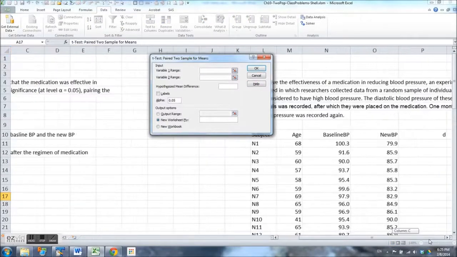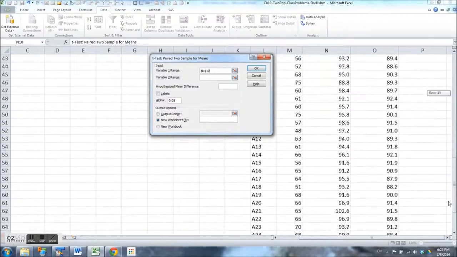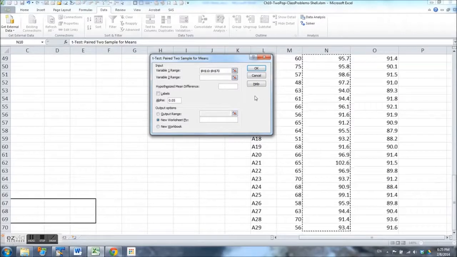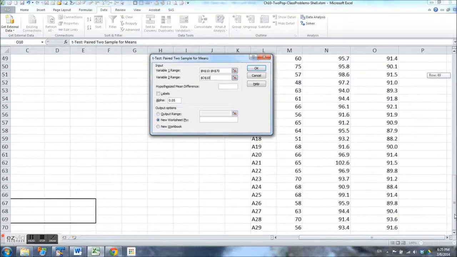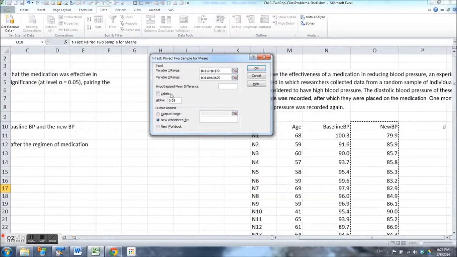Now variable 1 range is your baseline BP, and the second variable range is new BP. They both must be exactly the same size for matched sample to work, otherwise you will get an error.